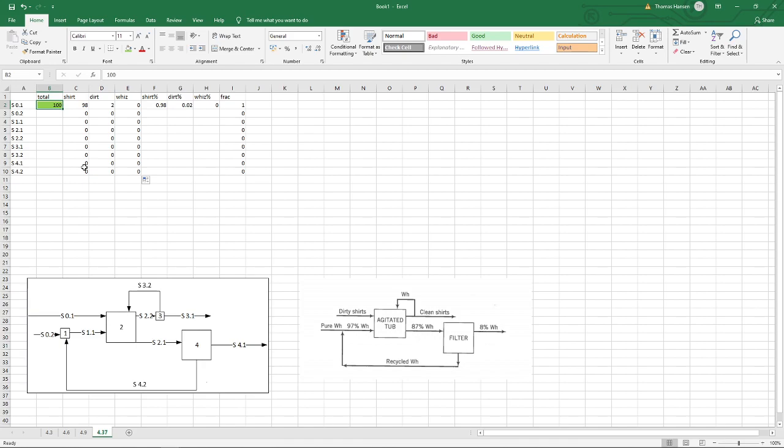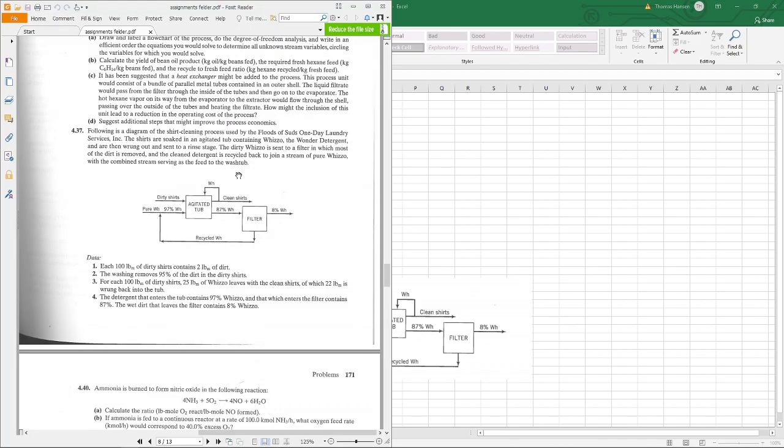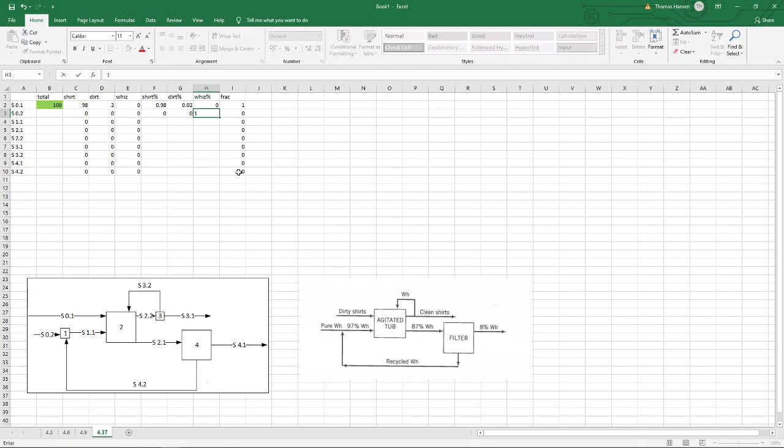So what else do we know? Well, we know that in stream 02, we have no shirts, we have no dirt, we only have, what did they call it? Wissio. Wisso. In our stream 1.1. So if you look at my drawing, I have put in some extra unit operations for my mixing points so that I can keep track of that.